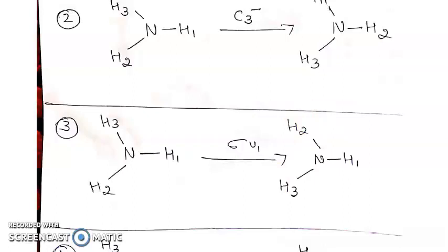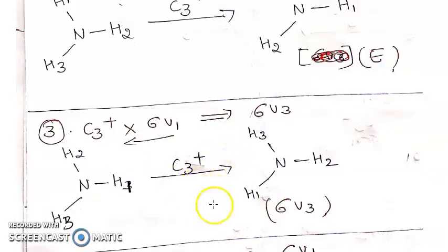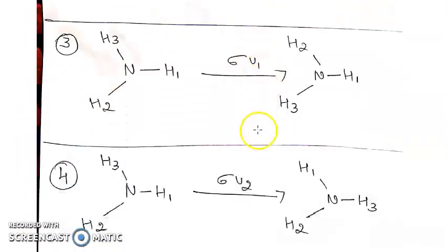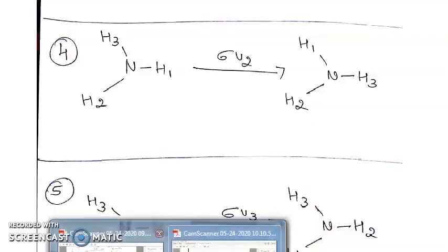For this molecule, we have to do the C3 plus operation, which means rotation by 120 degrees in the clockwise direction. Then all the atoms will interchange and we will get this molecule. This molecule is nothing but sigma V3, as I showed among the five different operations at the start.